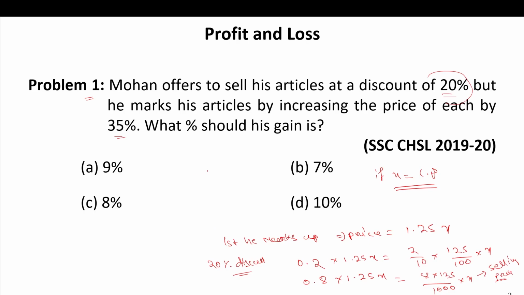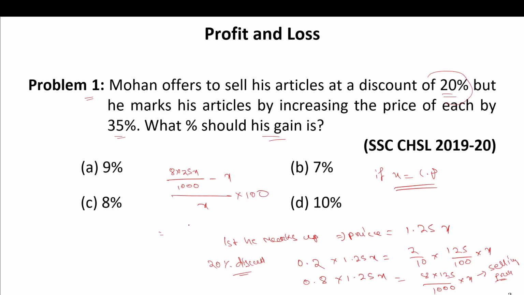after discount. So how do we calculate his gain percentage? It will be 8 into 125x by 1000 minus x. This much will be the gain, divided by the cost price, which is x, into 100 will be the gain percentage.